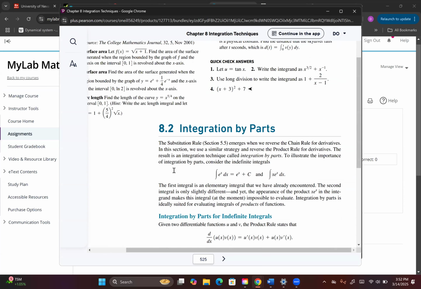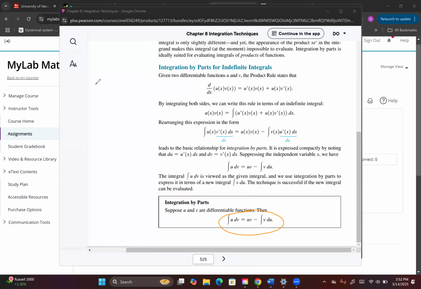You're probably like, what does that mean? So we have the antiderivative of u dv is equal to u times v. I'm going to try to give you the basics of this. There are tricks too, and there are a lot of good videos out there on this. There are shortcuts on what to pick for u and what to pick for dv.